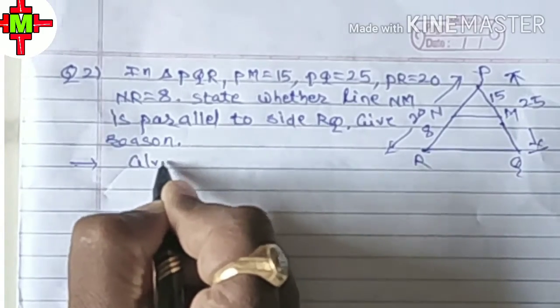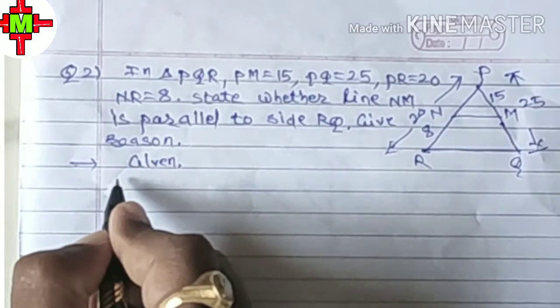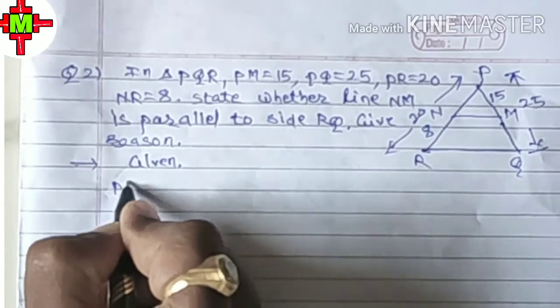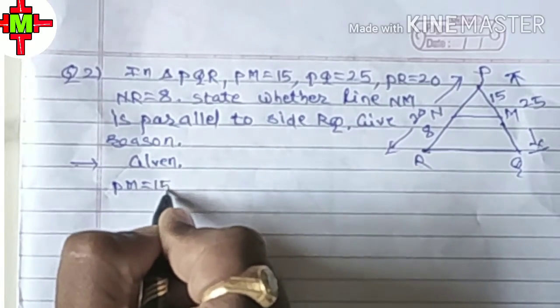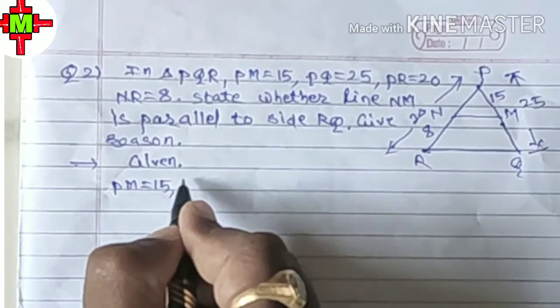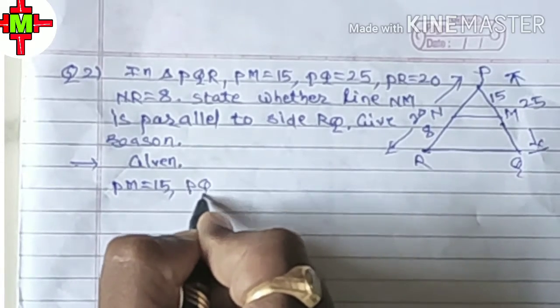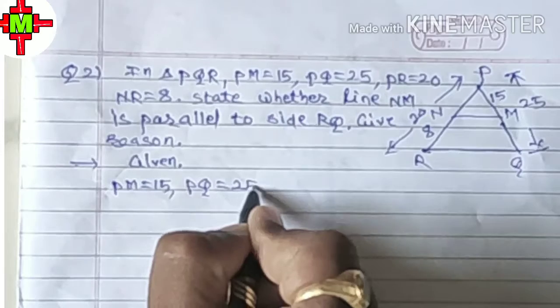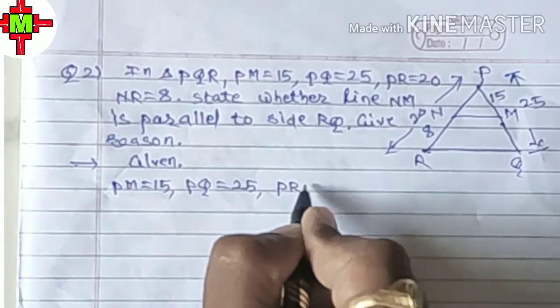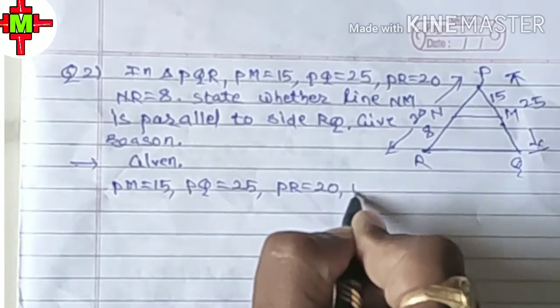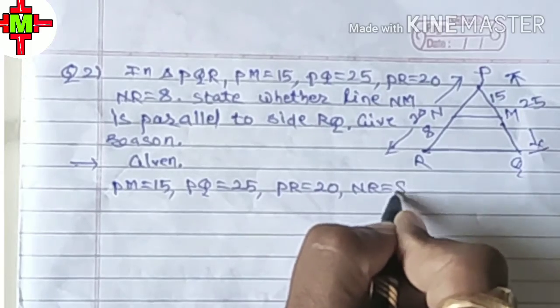Given PM is equal to 15, PQ is equal to 25, PR is equal to 20 and NR is equal to 8.